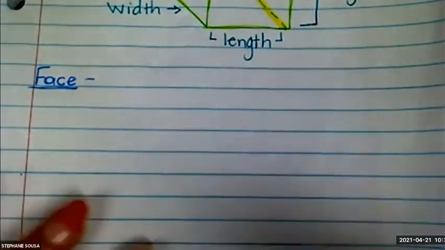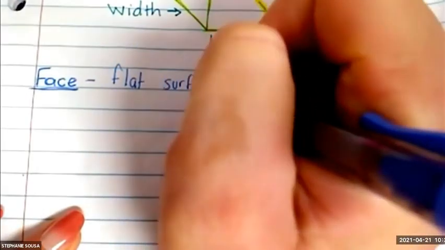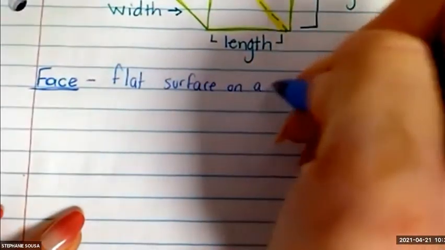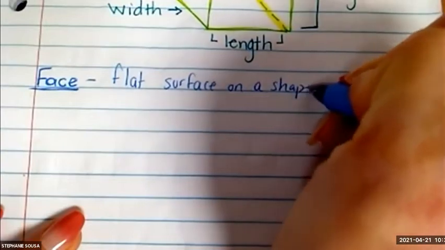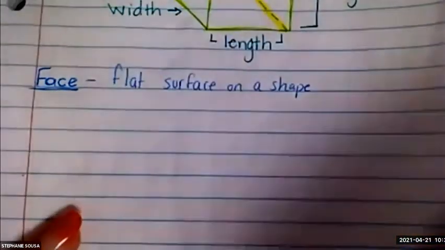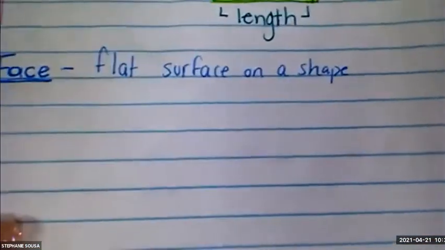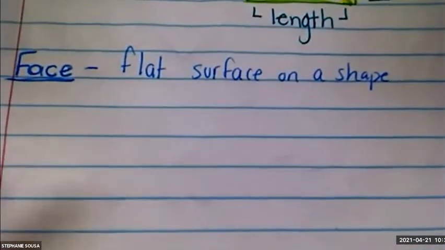A face is a flat surface on a shape. A face is a flat surface on a shape.